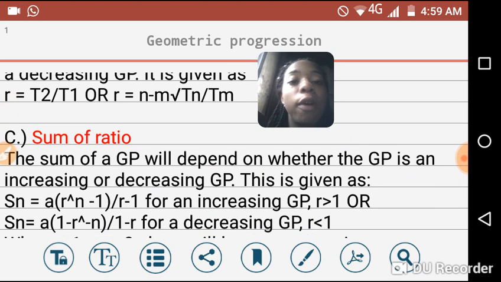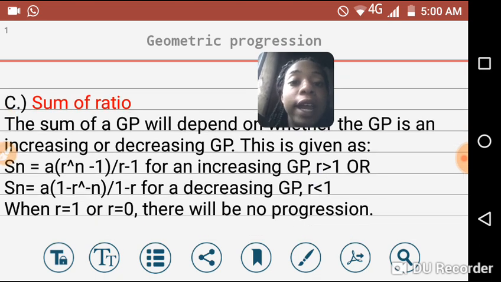Okay, we'll go now to the sum of a GP. The sum of a GP would depend on whether the GP is increasing or a decreasing GP. GP is geometric progression. This is given as Sn is equal to A(R to the power n minus 1), divided by R minus 1 for an increasing GP, that is, R is greater than 1, or Sn is equal to A(1 minus R to the power n), divided by 1 minus R for a decreasing GP.